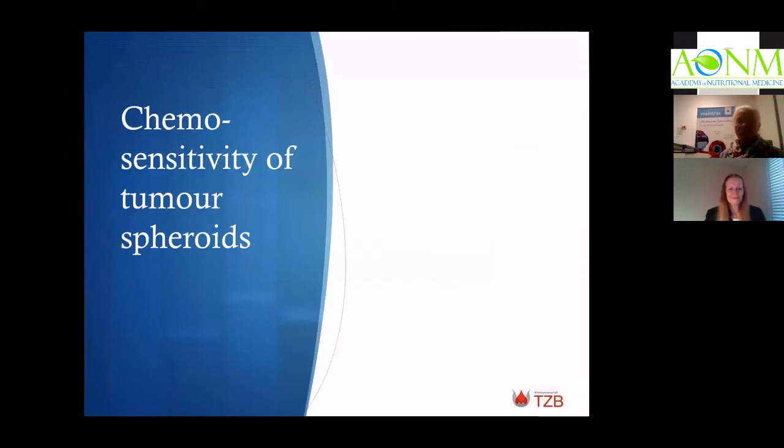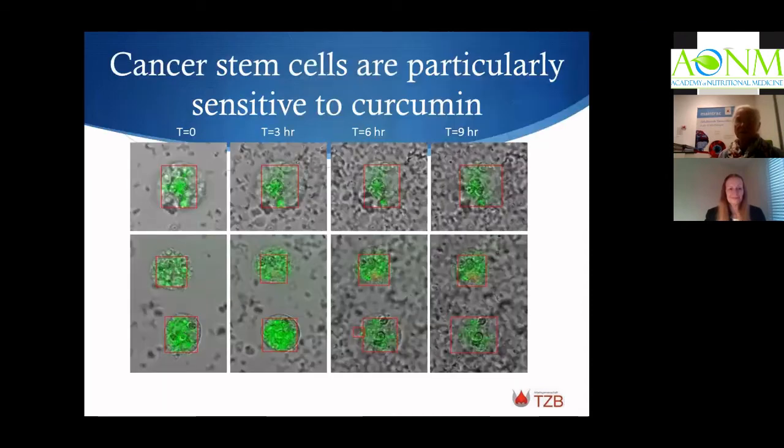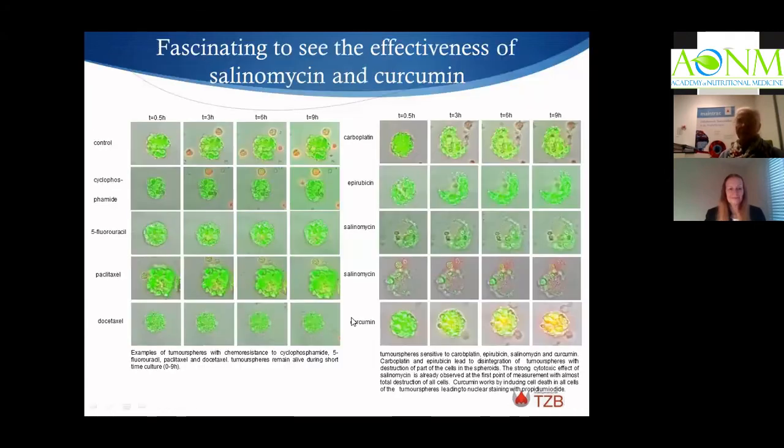These tumor spheres can also be tested for their sensitivity to different drugs, and this is curcumin, which had been applied to these three spheres, and you can see how the spheres die over time. Here is a comparison. This was a control with no substance in it.